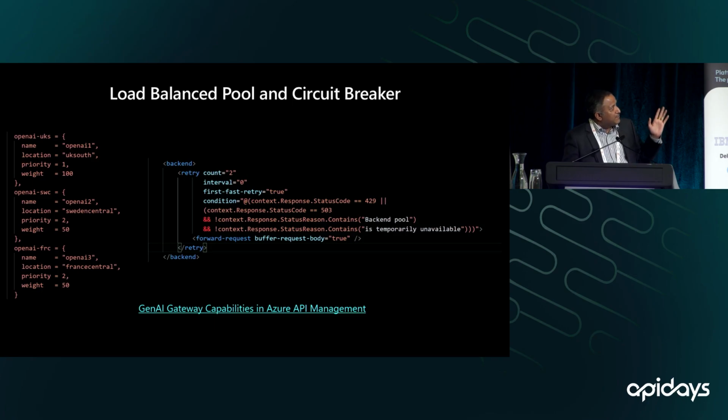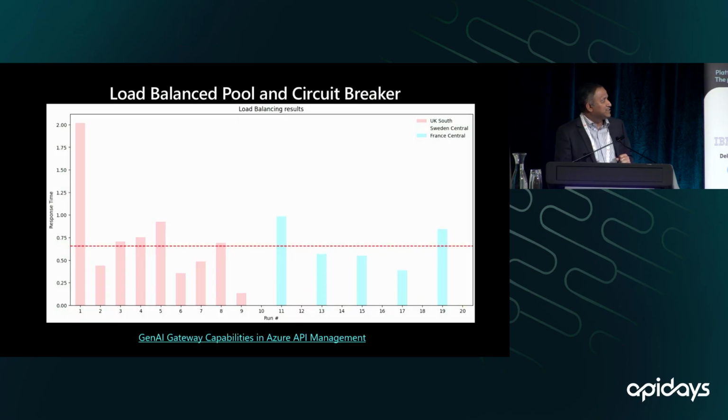So in my policy definition, I again set this retry policy, and then based on the status code, I can say if the status code is 429 and I'm reaching the backend pool limit, now you have to trigger the retry mechanism and switch over to the fallback mechanism. When I do this configuration and run a set of requests, we can see the pink lines.